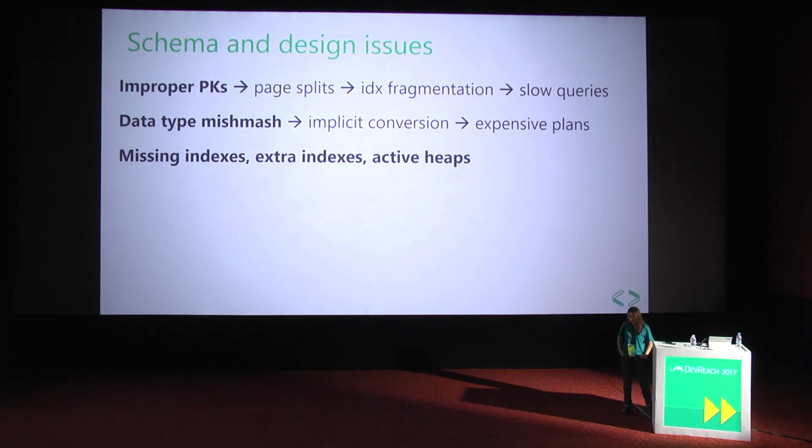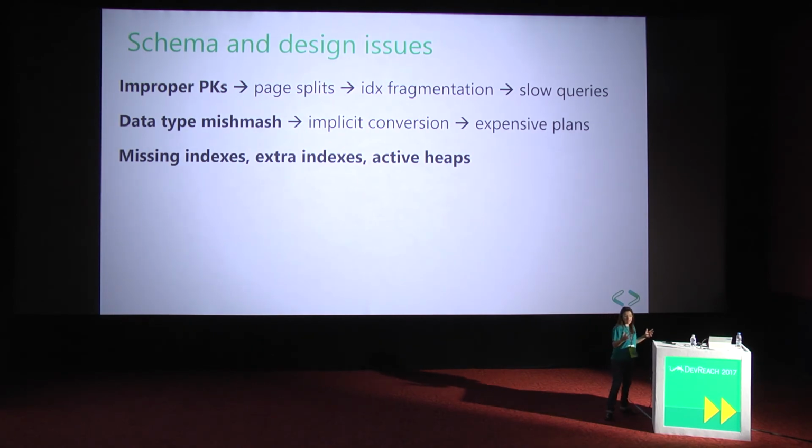So in SQL Server, when you define a primary key, you define a clustered index column. So you build a B-tree structure, which is your clustered index. But imagine that you build your clustered index not on an ID or not on an ever-increasing column.